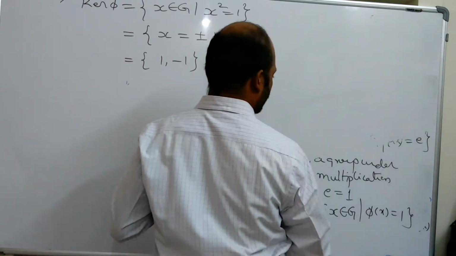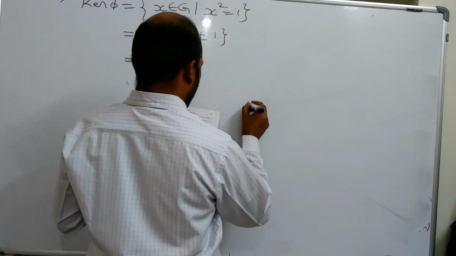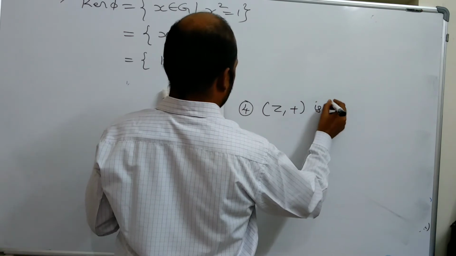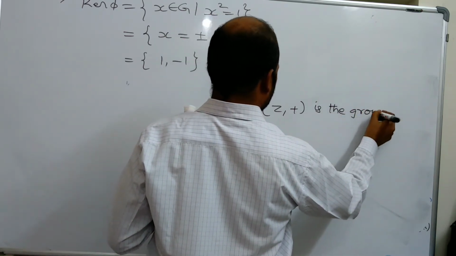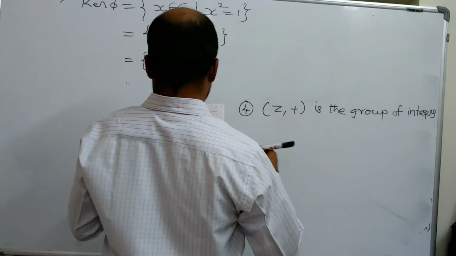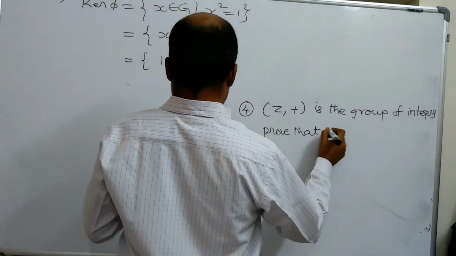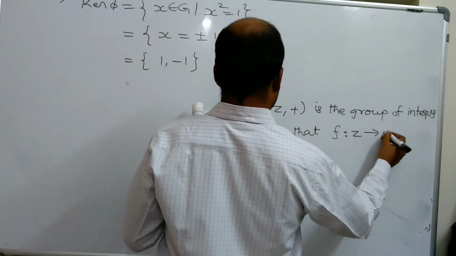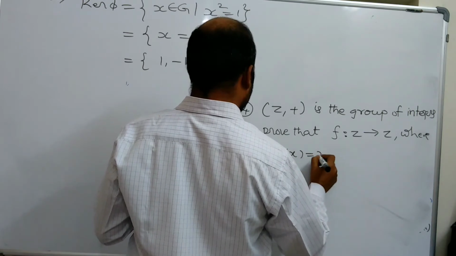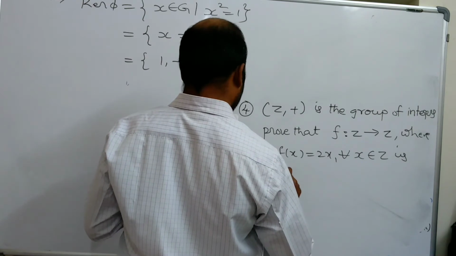Problem number 4. Z with respect to plus is the group of integers. Prove that f maps capital Z into Z, where f of x is equals to 2x for all x belongs to Z, is a homomorphism.